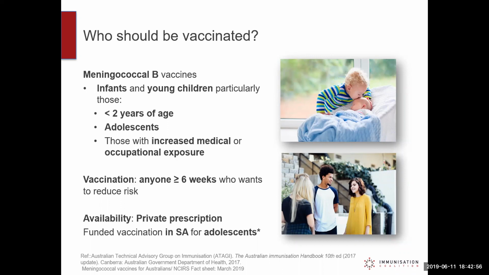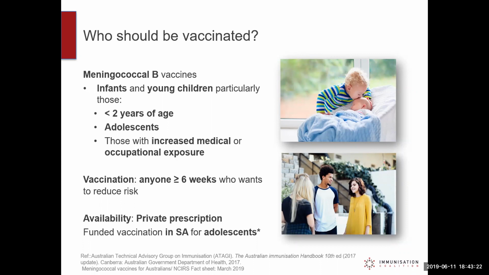In South Australia, the funded program for our adolescents is going to be an ongoing program for adolescents in schools in year 10. The catch-up program is currently being delivered for year 11 students and also for adolescents up to their 21st birthday.